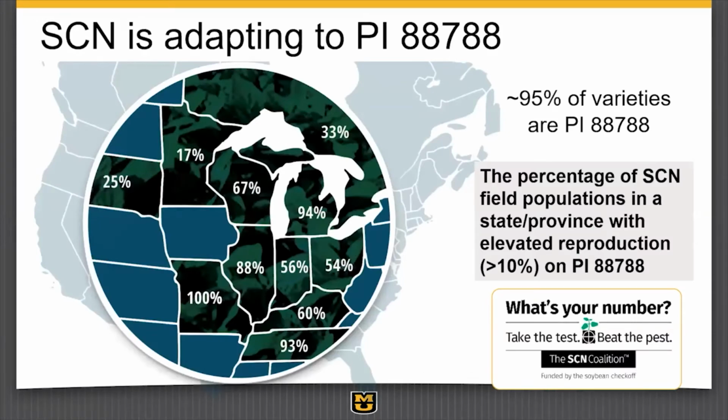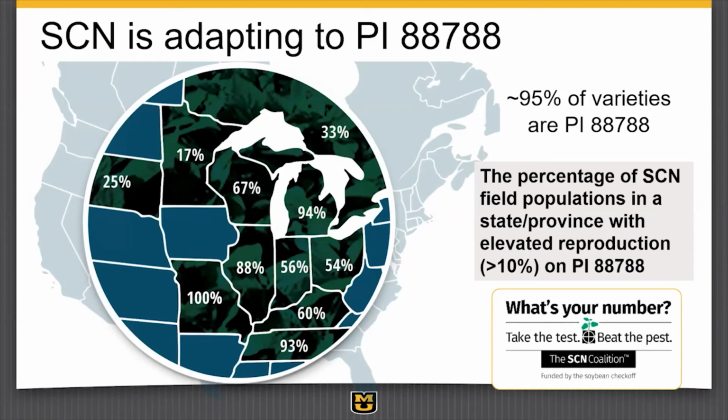So what has happened over time is that about 95% of varieties have the same source of resistance to soybean cyst nematode. So soybean cyst nematode populations in most fields are adapting to this same source of resistance.